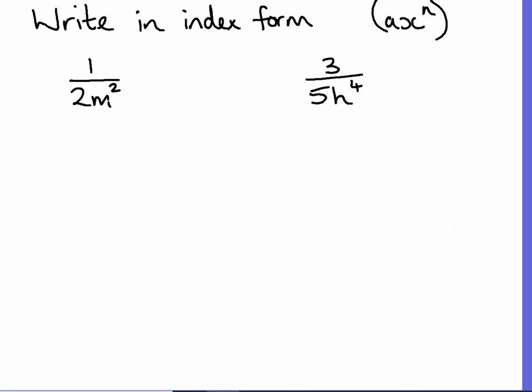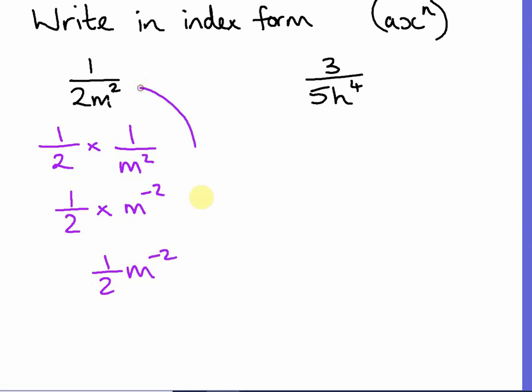These ones are a little bit harder, but it's exactly the same, but just people can't see it. So this is 1/2 times 1 over m squared. So this is 1/2 times m to the minus 2, so it's half m to the minus 2. And yes, I go from here to here. I don't personally do any of this, but I've been doing it for years.